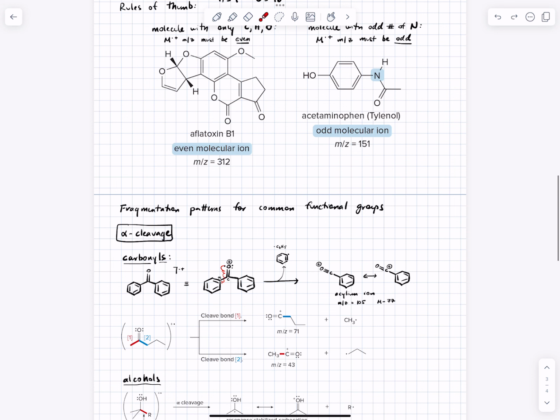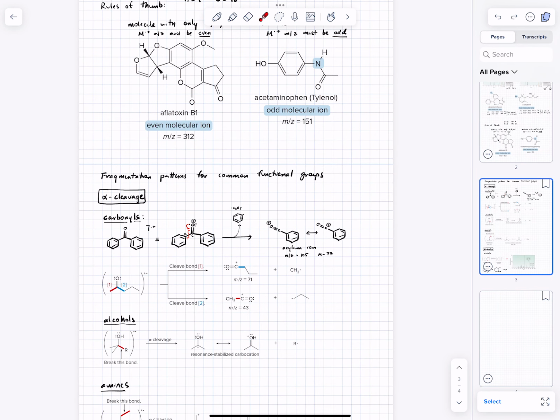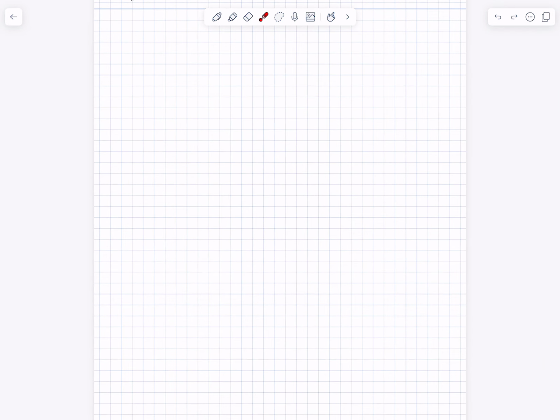The one thing, however, that will be useful that I want to show you has to do with molecular weight. It was covered in the material for chapter 10, I think, under the concept of degrees of unsaturation. But I wanted to talk about it here because it's a great way, if you have a molecular formula, to develop some ideas for what the structure of your molecule might be.